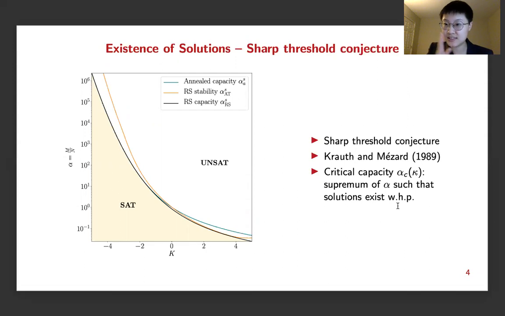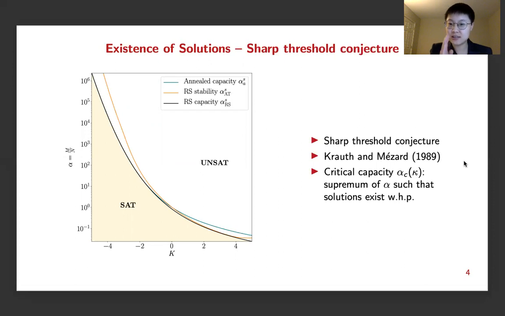We call this threshold the critical capacity, or alpha C of kappa, which is formally defined as the supremum of alpha such that a solution exists with high probability as n goes to infinity. What this sharp threshold conjecture is saying is that when alpha is below alpha C of kappa, you expect to see solutions with high probability, whereas when alpha is above alpha C of kappa, there's no solution with high probability.